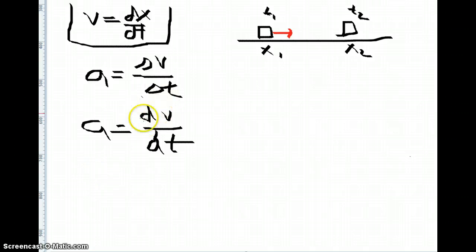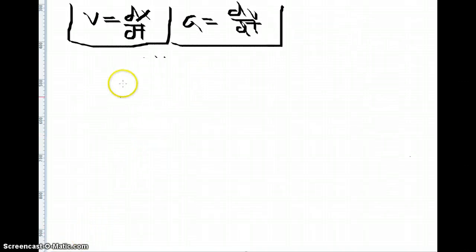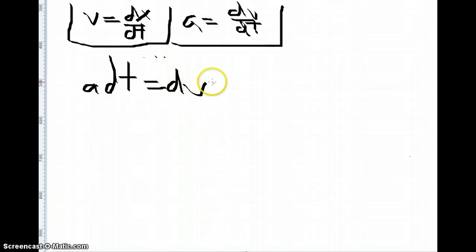So now I've put it in calculus terms: a equals the infinitesimal change in velocity over the infinitesimal change in t, dv/dt. Alright, so we've got some mathematical equations. Let's see if we can do anything special with them. Let's rearrange. So a dt is equal to dv. This is a calculus equation. If we integrate both sides, we can see what we get.